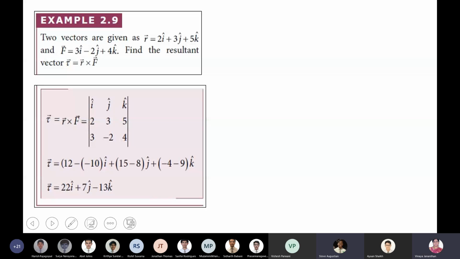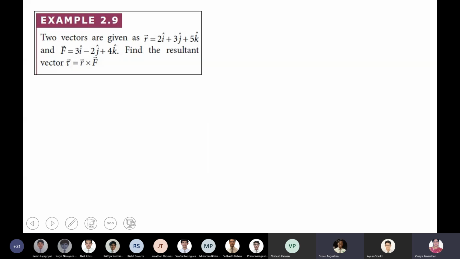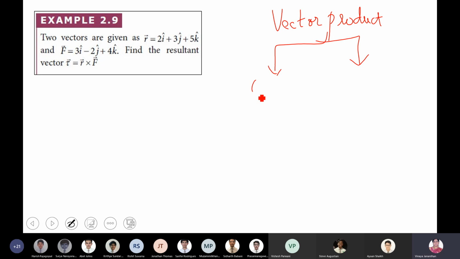Ma'am, is there a difference between cross product and vector product, or is it the same thing? No, you have two types of vector product. One is cross product, the other one is dot product.